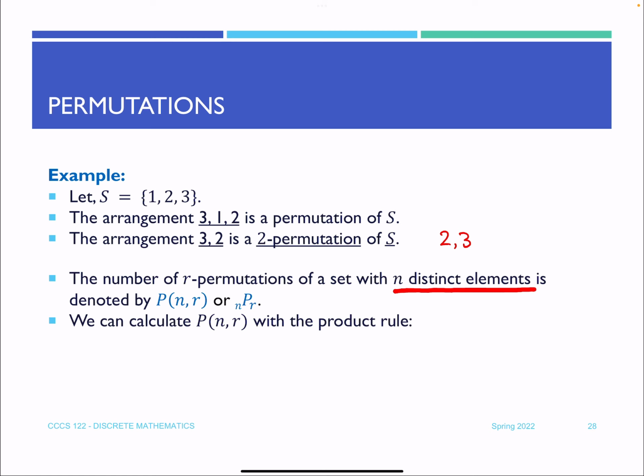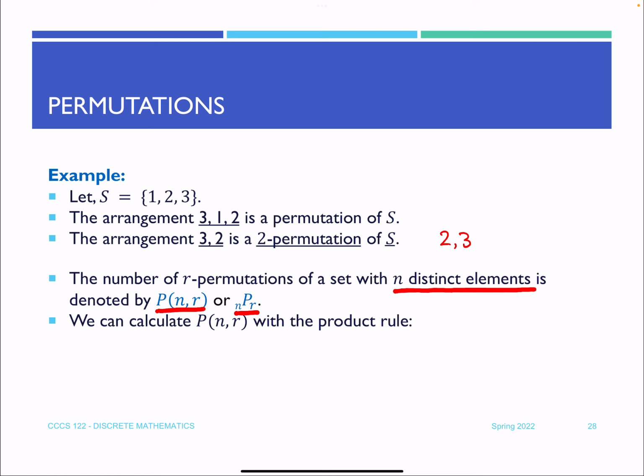We denote that by this function P(n, r), or there's this alternative notation that you'll also see, nPr. And we can calculate P(n, r) with the product rule, which we just saw earlier.